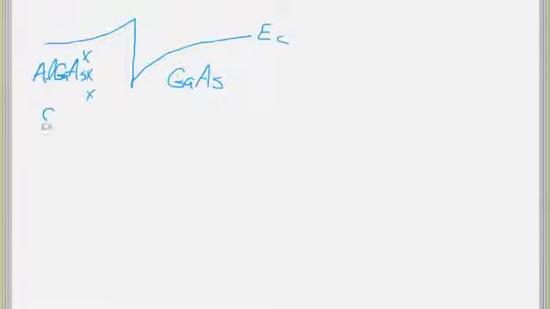And because of that, you reduce the ionized impurity scattering, and so you can get extremely high mobilities. They were getting these at Bell Labs, of like 10 to the 7th centimeters squared per volt second at liquid helium temperatures.